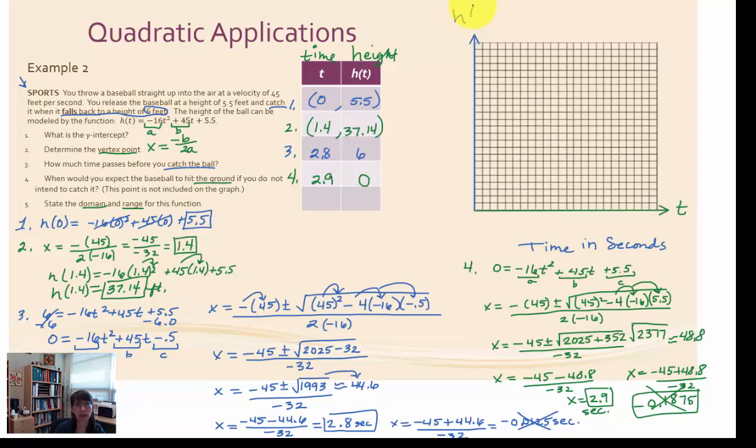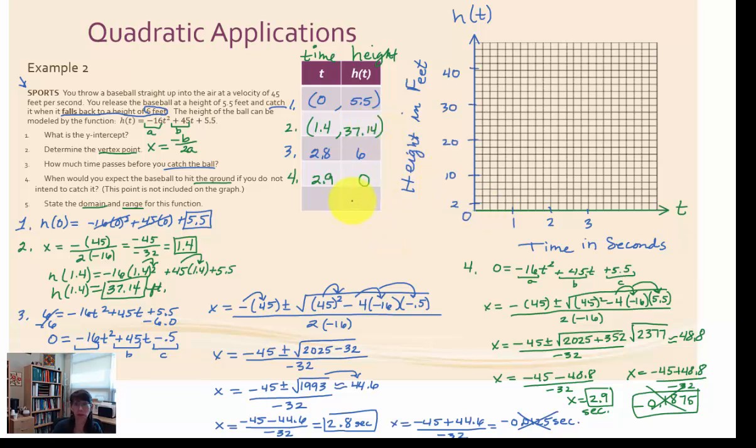This is our height in feet. We start with 0 for the scale, looking at the values for input time. Our largest is 2.9, so we could spread this out a little bit, maybe counting by 0.2. So 0.2, 0.4, 0.6, 0.8, here would be 1 second. So 3 is as large as we need to go. Considering height, 37.14 is our largest number, so I could just count by 2s.